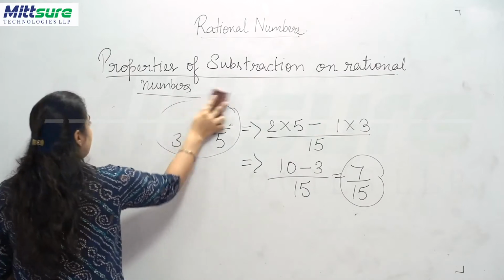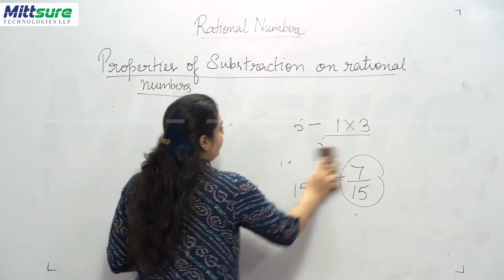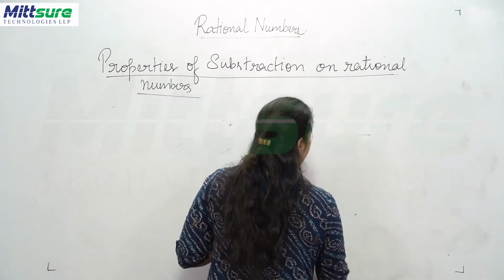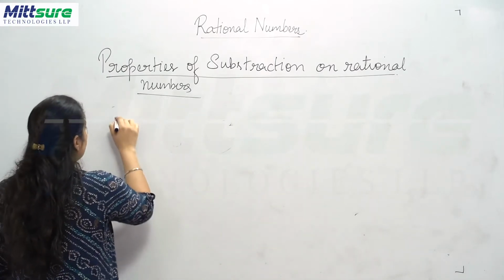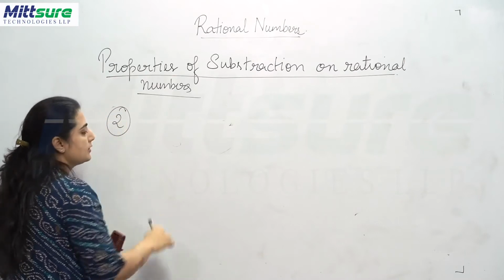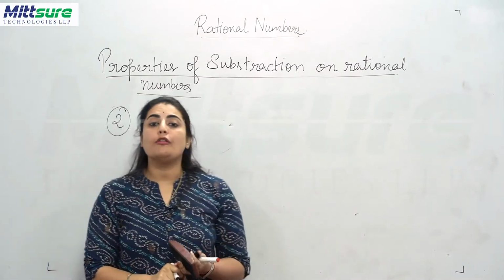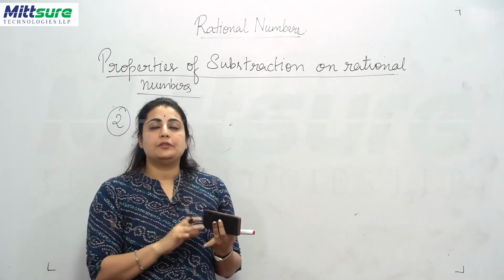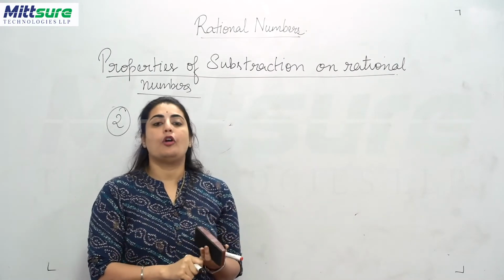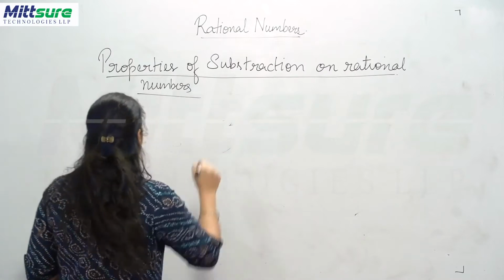Now let's come to the next property of subtraction of rational numbers. The next property talks about the subtraction of 0 from a rational number.